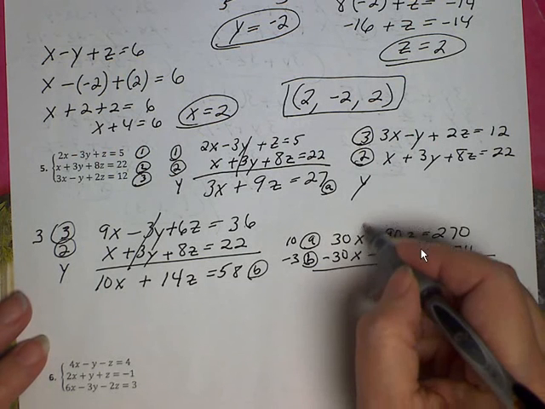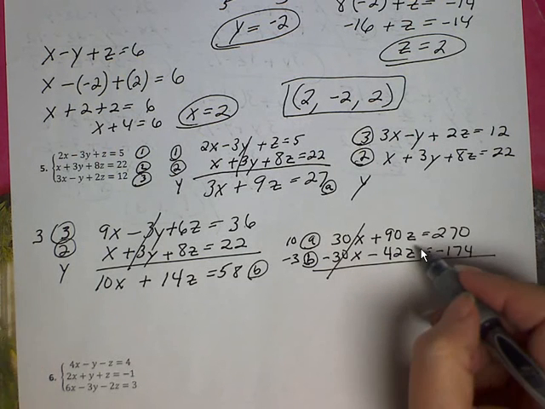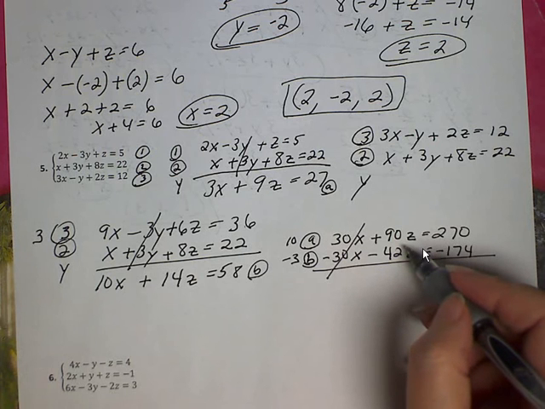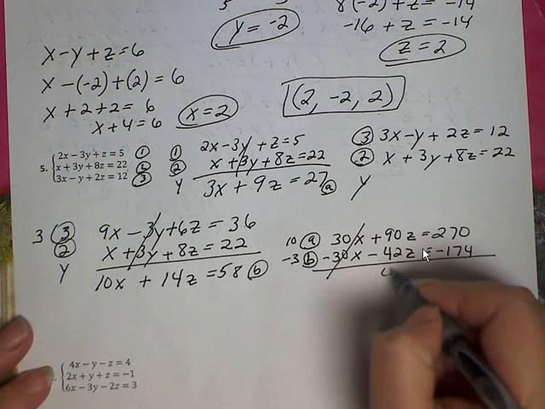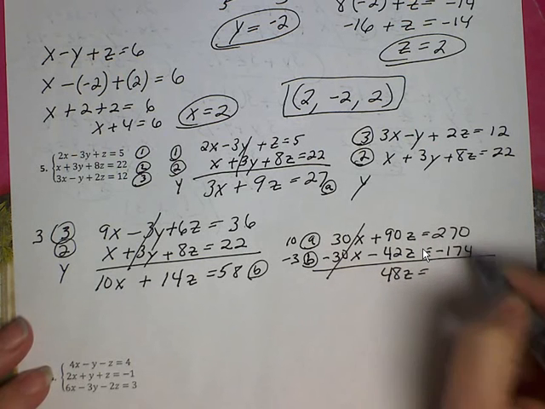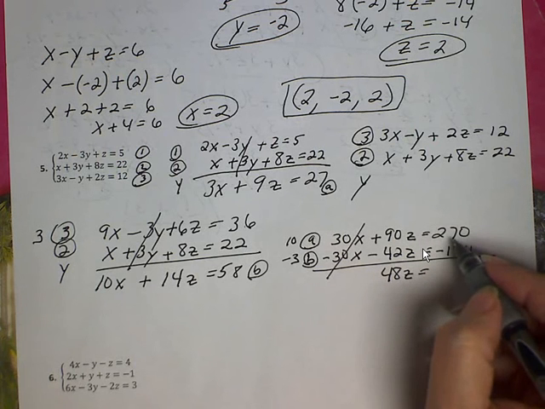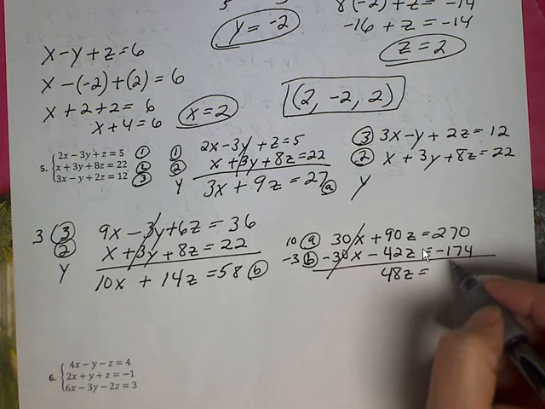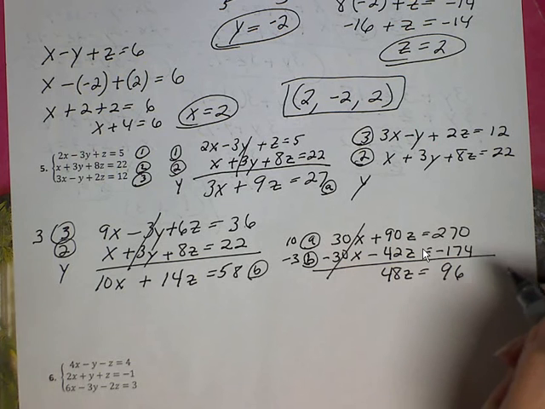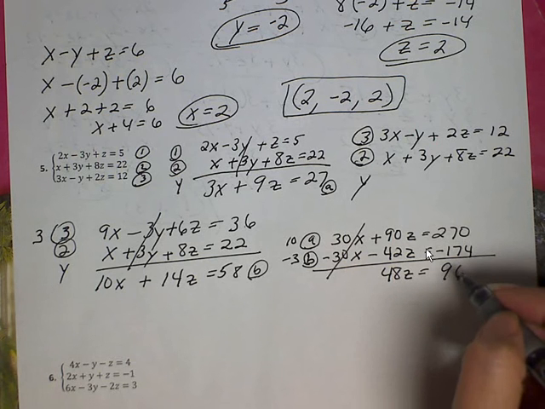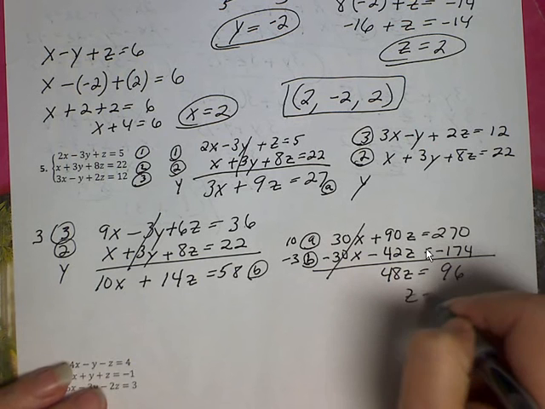X's cancel out, and I have 90 minus 42 is 48z, and 270 minus 174 gives me 96. 96 divided by 48 is 2. So z is 2.